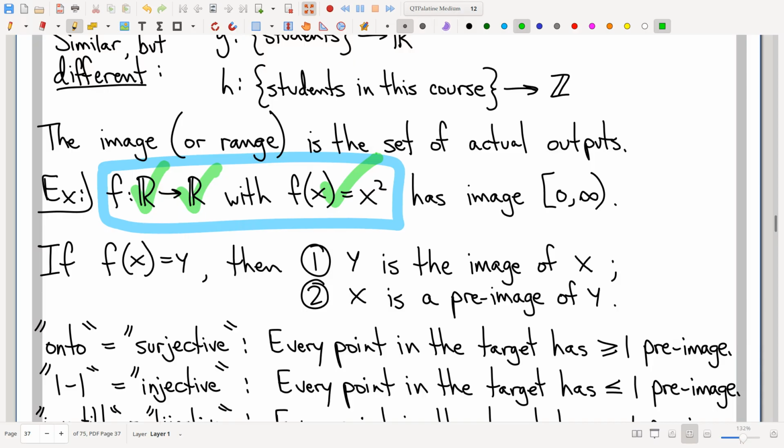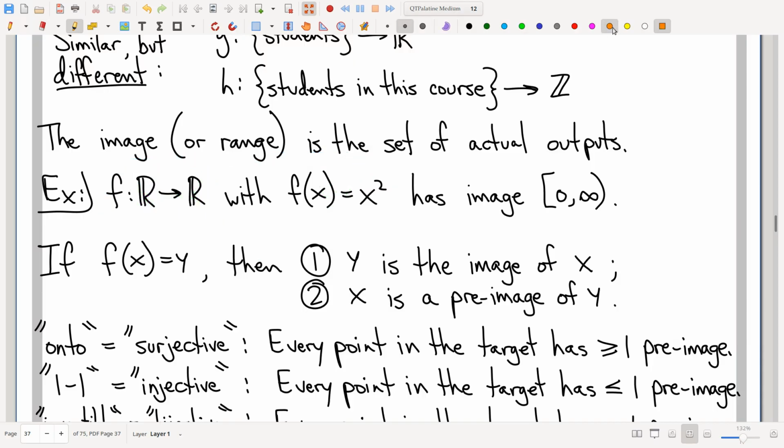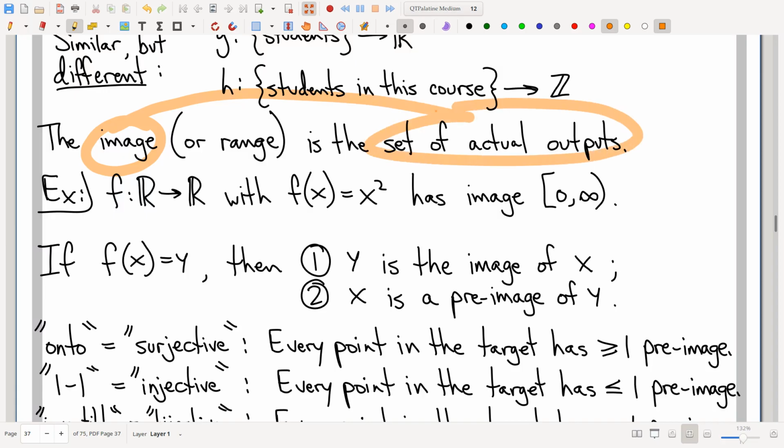Notice the set of actual outputs, right? What we call the image, the actual outputs. What comes out of this function? Well, you never get a negative number out of this function. If you're putting real numbers in, as indicated by R being the domain, you will never get a negative number out.